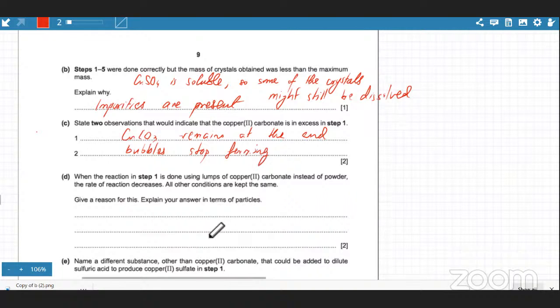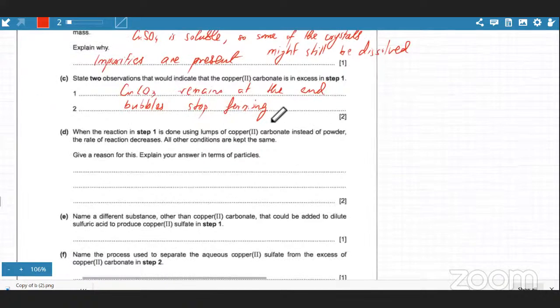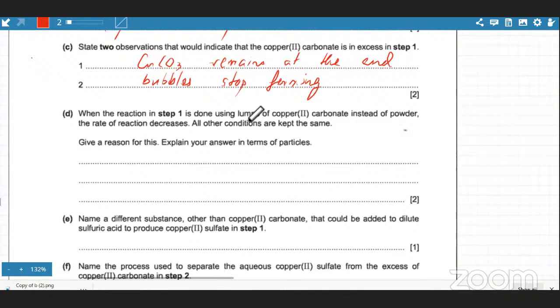The next part of the question is: when the reaction in step one is done using lumps of copper carbonate instead of powder, the rate of the reaction decreases. All other conditions are kept the same. Give a reason. If you have a large lump, only the outer particles are the ones that would be able to take part in the reaction. You have sulfuric acid surrounding it, and this is your copper carbonate.